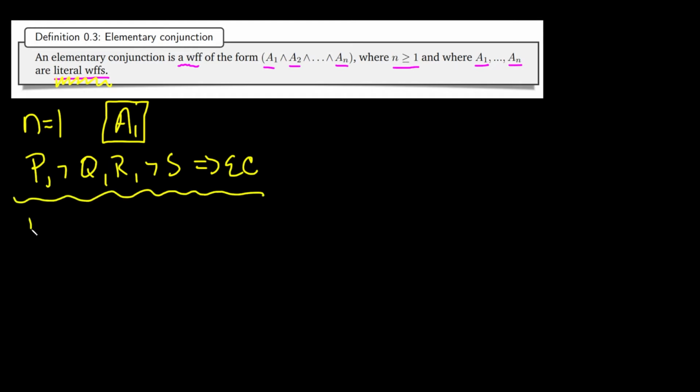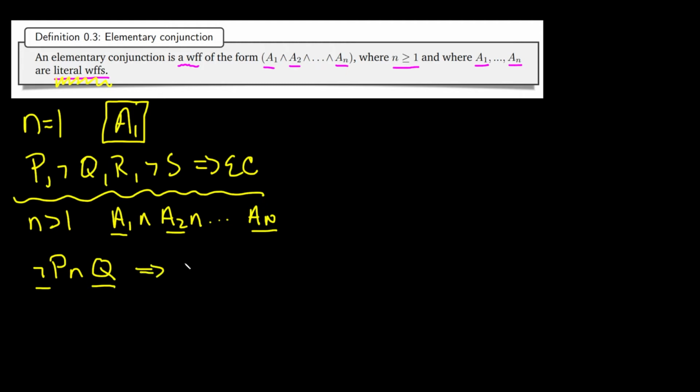Let's look at a case where n is greater than 1. So this would be a formula of the form a sub 1 and a sub 2 and all the way up to a sub n. And each one of these a's needs to be a literal well-formed formula. So if we had, let's say, not P and Q, we'll notice that each one of these conjuncts is a literal well-formed formula.